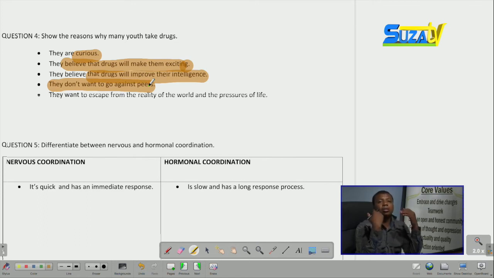So in order to keep their friendship, they also start to use drugs. They start using drugs because they cannot refuse their peers. When their peers tell them to take drugs, they agree.